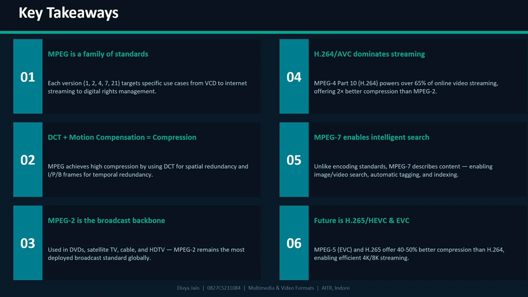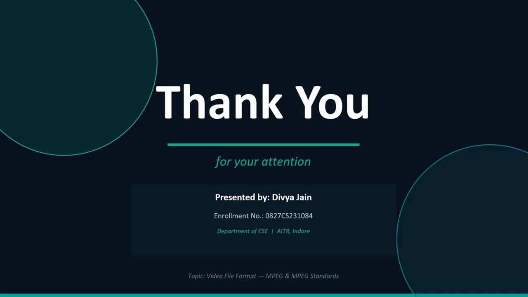H.264 dominates streaming, powering over 65% of online video. 5. MPEG-7 describes content rather than encoding it, enabling intelligent search. 6. The future is MPEG-5 and H.265, offering 40–50% better compression than H.264 for 4K and 8K.